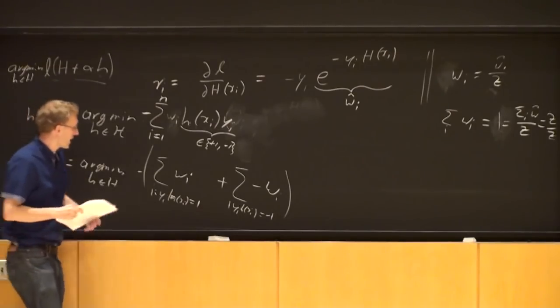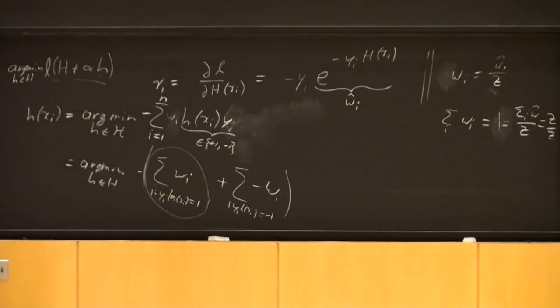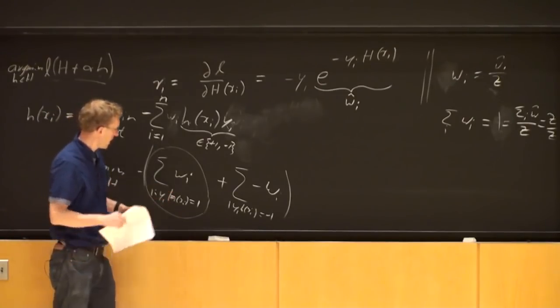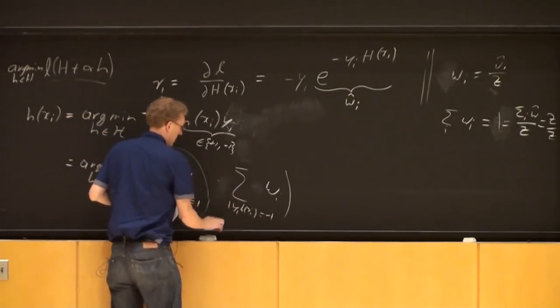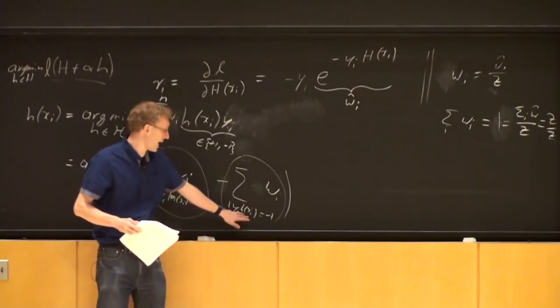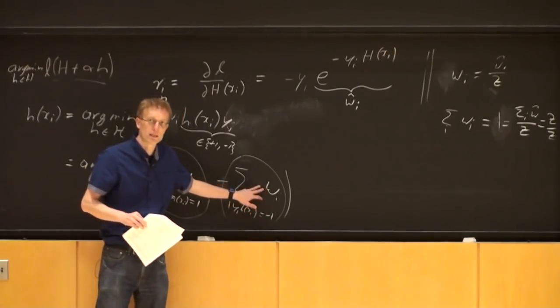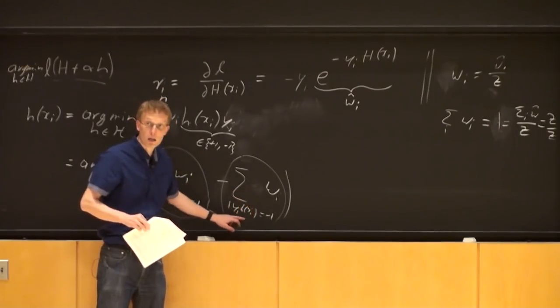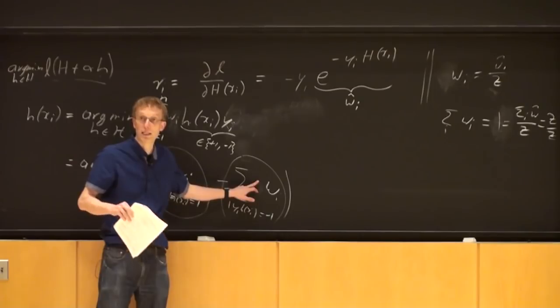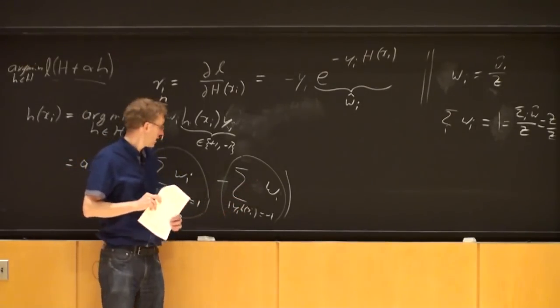Now, can anyone tell me what this is? This is kind of tricky. Actually, let's do this term here, which is easier to interpret. I sum over all my data points where yi h of xi is -1, and I sum up their weights. So I'm summing over all the points that I got wrong, and I sum up their weights. What do I get? Yeah, 1 minus the weight you got right.